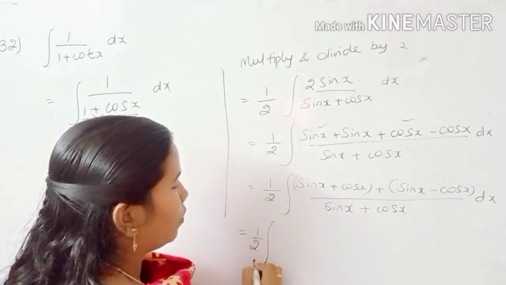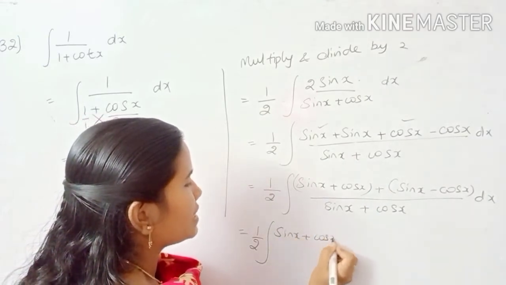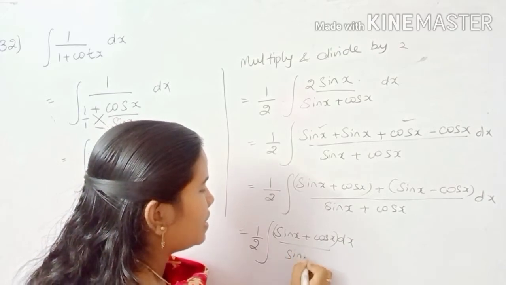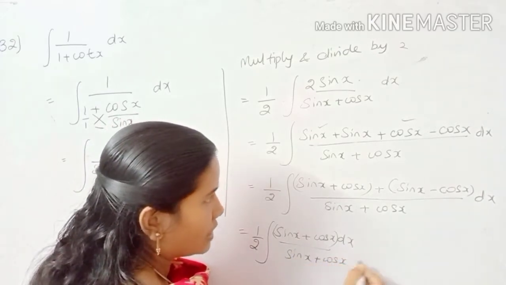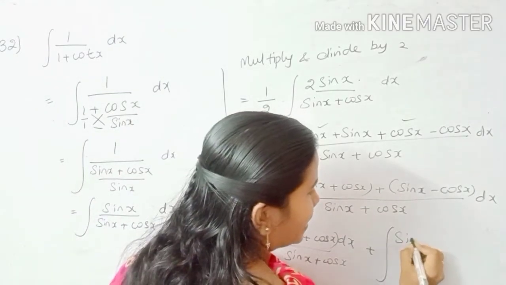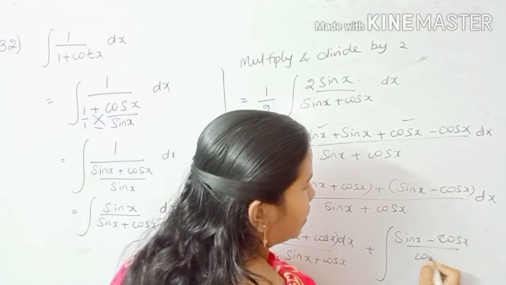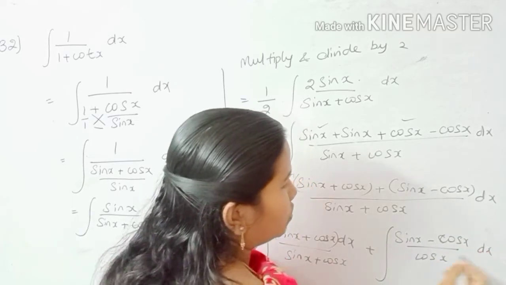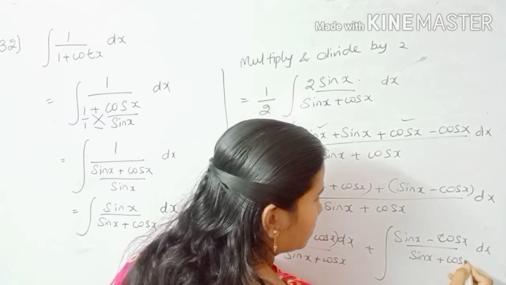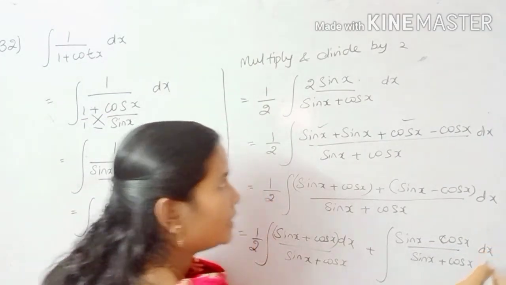So integral 1 by 2 sin x plus cos x dx divided by sin x plus cos x plus integral the other part sin x minus cos x divided by sin x plus cos x dx. So we split the term.